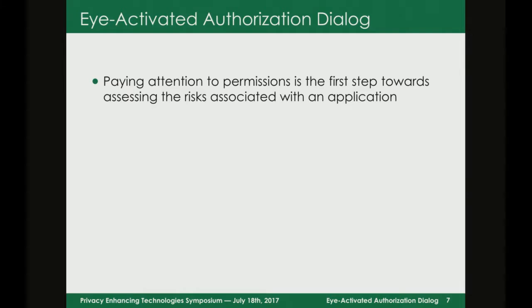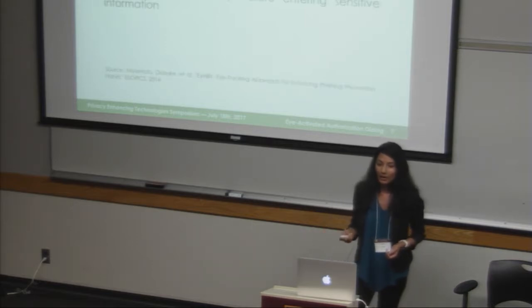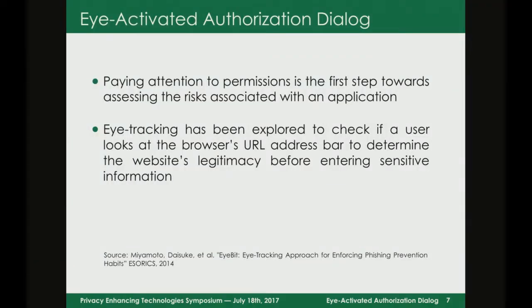We all know that eye tracking devices are becoming readily available and affordable. So can we actually use them to make the user pay attention to permissions? This work has been motivated by several existing mechanisms. For example, there is an approach to get the user into the habit of looking at the URL address bar before they actually enter sensitive information on a website, in order to differentiate between legitimate and malicious websites.